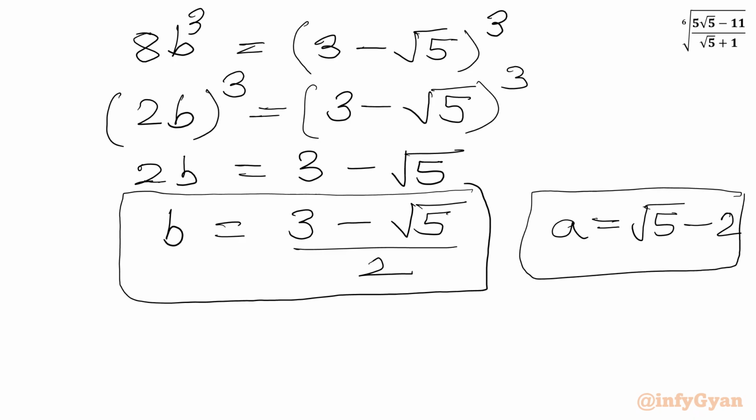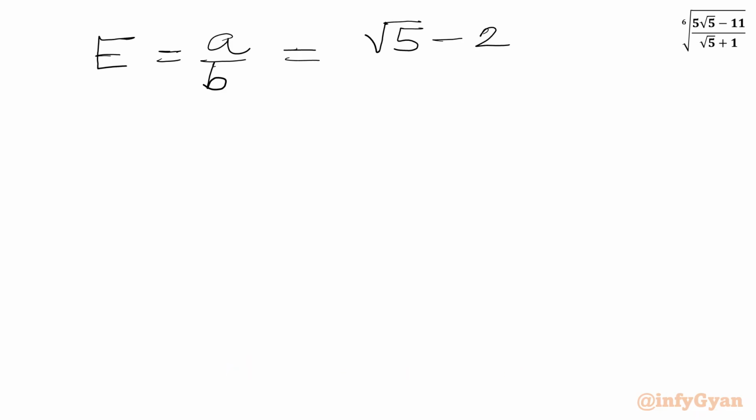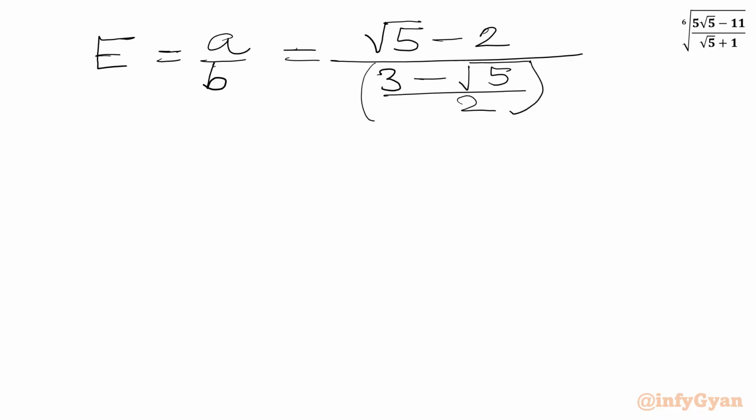Now we have to calculate a over b, which is our required expression. So I will write expression E equal to a over b. A was root 5 minus 2 and b is 3 minus root 5 over 2.